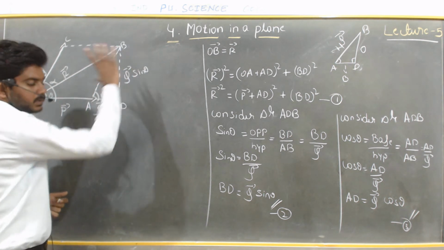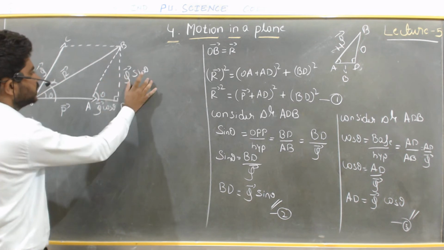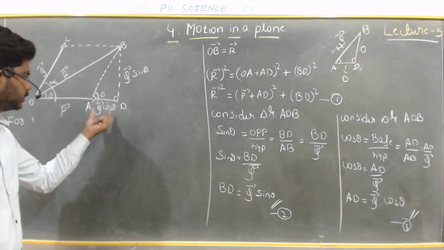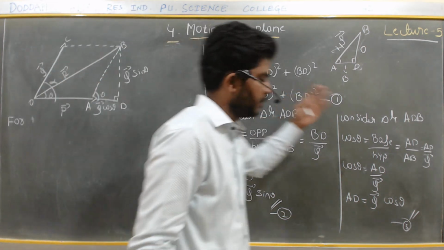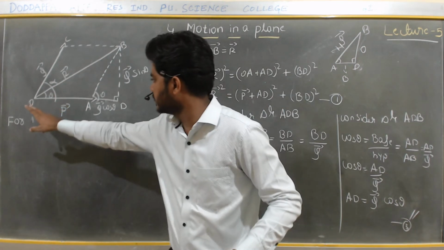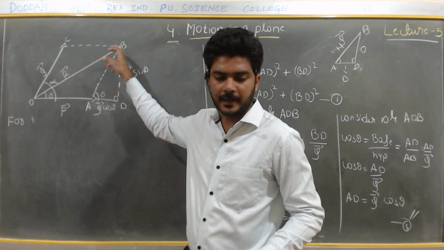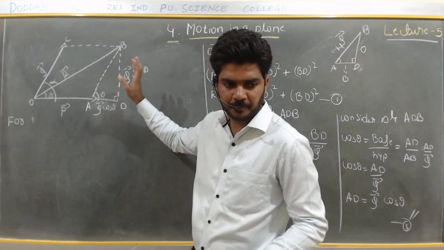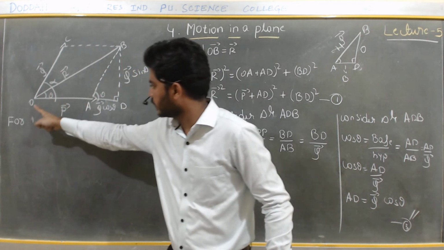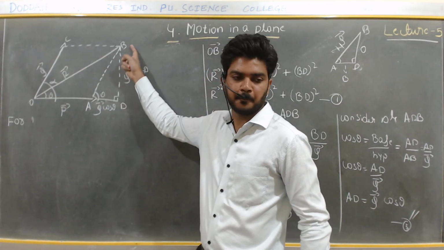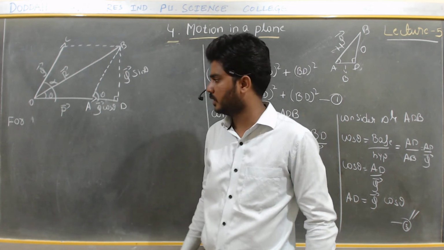Simply I have written the result which I have got for BD as q sin theta and AD as q cos theta, right? So now I will find the direction, for which we have to take the whole triangle, which is ODB, right? In the earlier case we have taken only ADB, that gives the magnitude. For the direction, we have to consider ODB, right? ODB having the angle alpha, right?